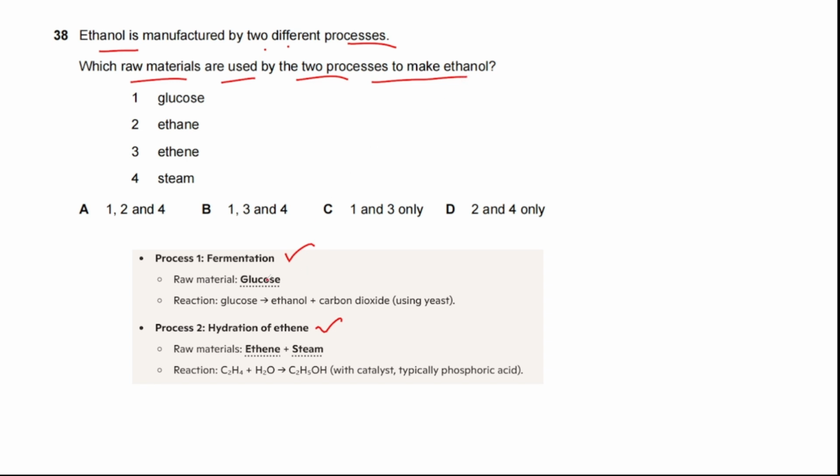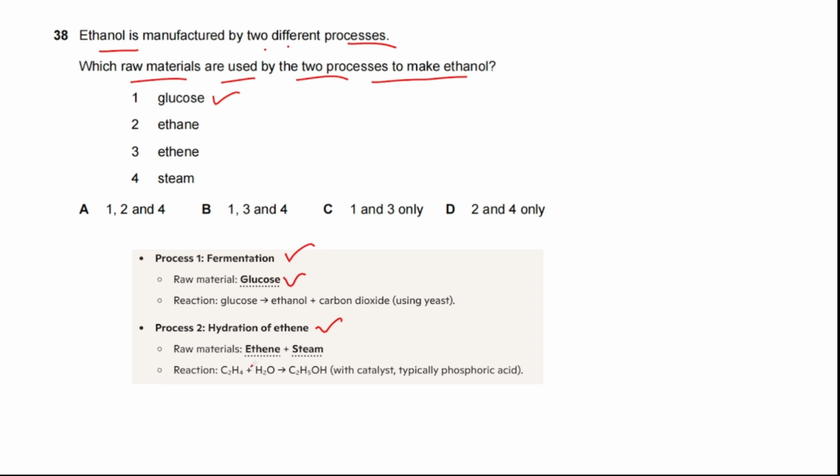In the case of fermentation, like how you make wine at home, you add glucose. So the raw material is glucose. The yeast will be added, and you need to add more sugar, right? So it has glucose.